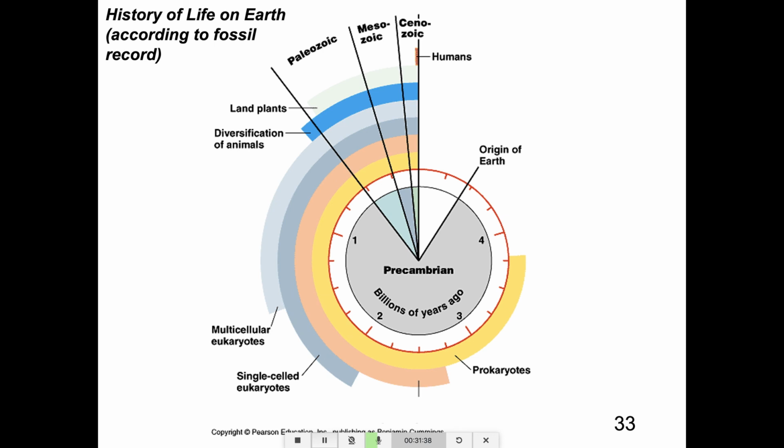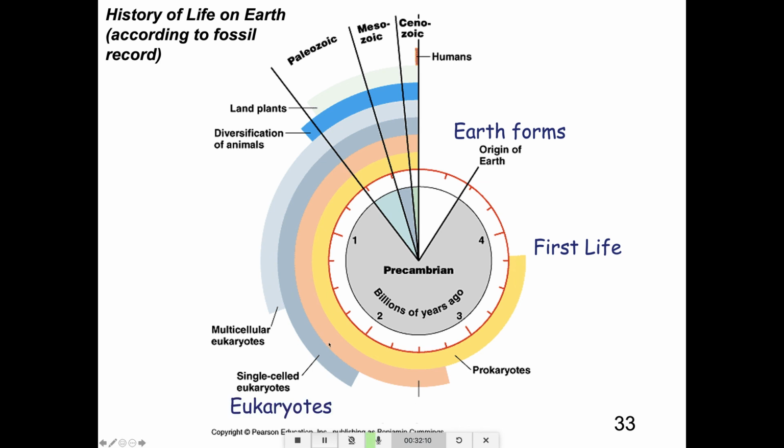So now that you've completed that activity, let's look at this little map that represents the history of life on Earth according to the fossil record. We can start here about 4.5 billion years ago with the origin of Earth and move forward to prokaryotes appearing on the screen. So Earth forms about 4.5 billion years ago. The first life we see form about 3.75 billion years ago.